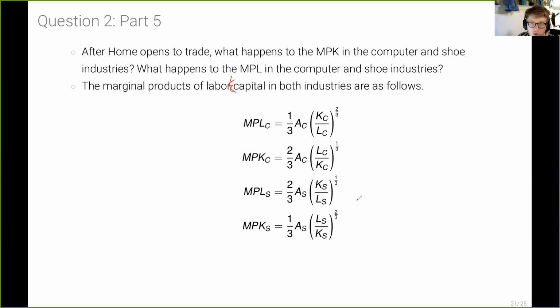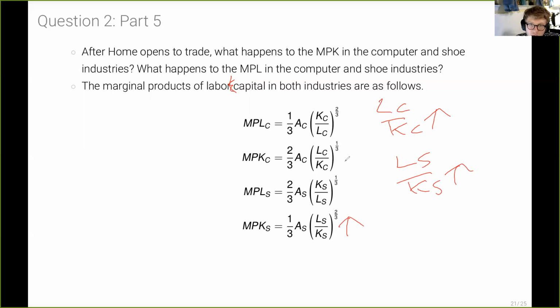Okay, and so notice that we said from before that LC over KC is going to increase, and LS over KS is going to increase, and that's because labor is now relatively cheaper in both industries. So if LS over KS is increasing, this means that MPKS is going to increase because this is a positive coefficient, so MPKS is going to increase with LS over KS.